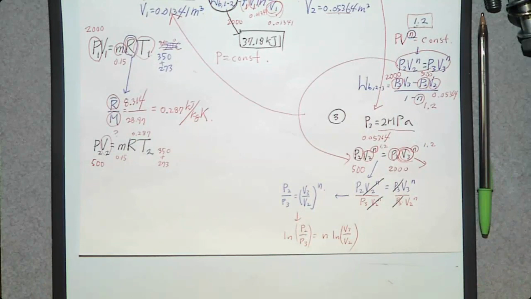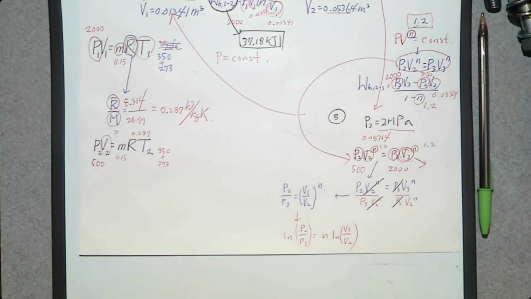Or if you have an engineering calculator, you can just solve that equation to determine V3. If you just have a very simple calculator, you can convert in this way to determine V3.